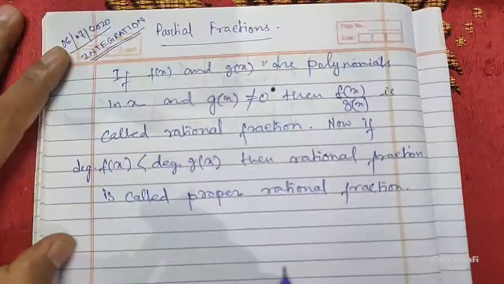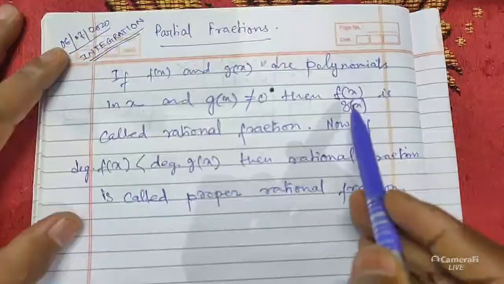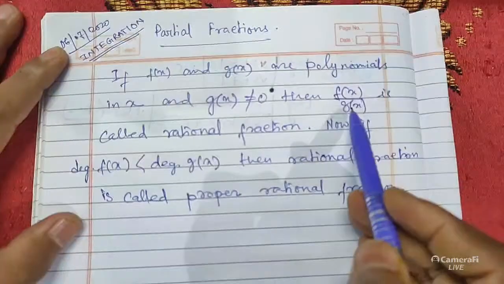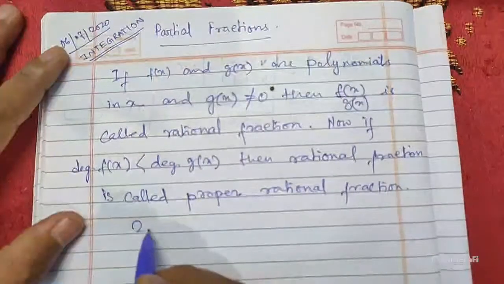So whenever the integral will be in a proper rational fraction, that means the degree of g(x) is greater than the degree of f(x), then we have to break it and make the integral.